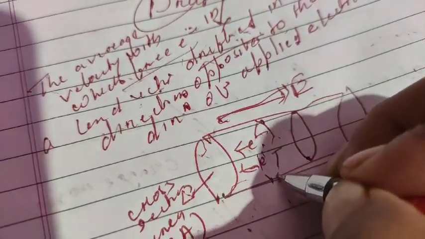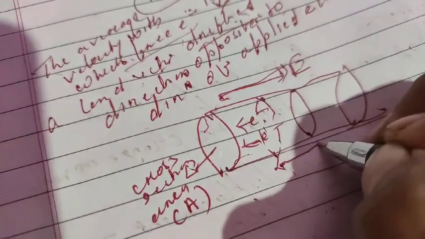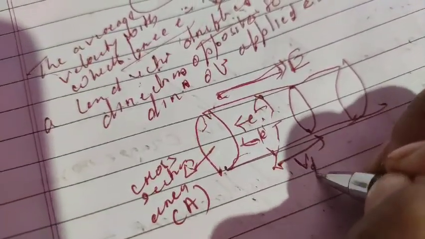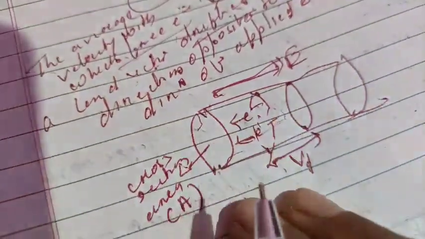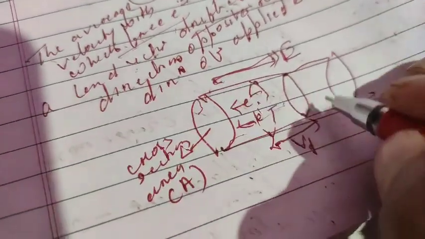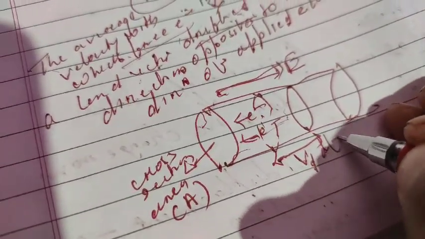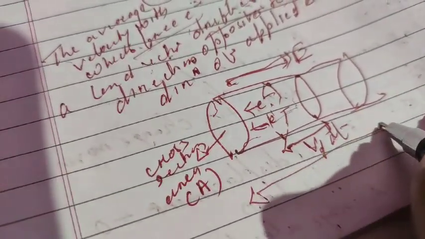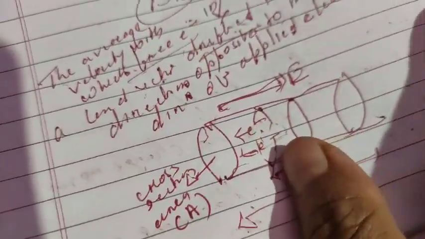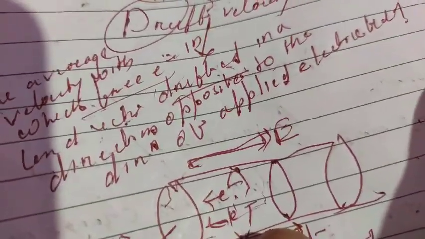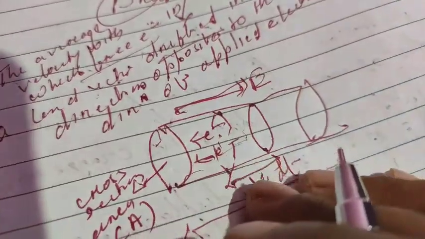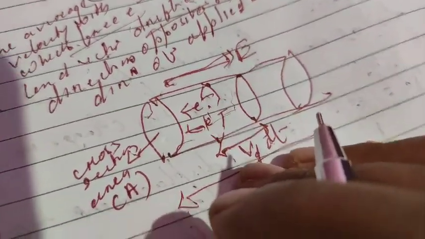The difference is Vd, the velocity with which it drifted, the time taken is dt, and the length of the conductor is L. I hope you have understood, because this derivation you always have to remember from the exam point of view.